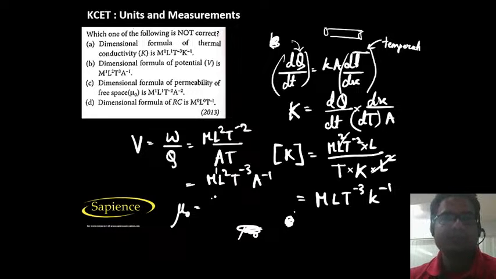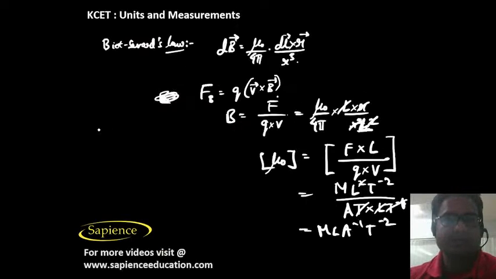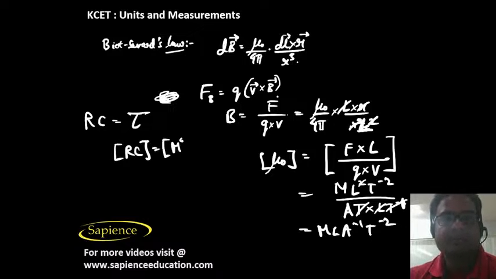And then the dimensional formula of RC, resistance into capacitance. We know that it is called the time constant, which is tau, so it should have the dimensional formula of time, which is M power 0, L power 0, T power 1.